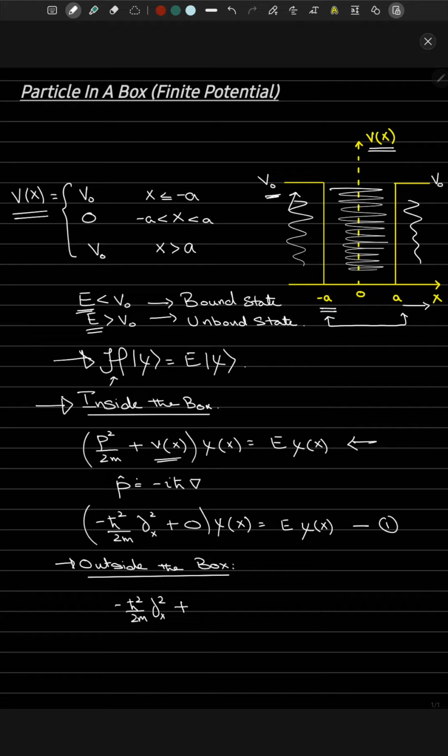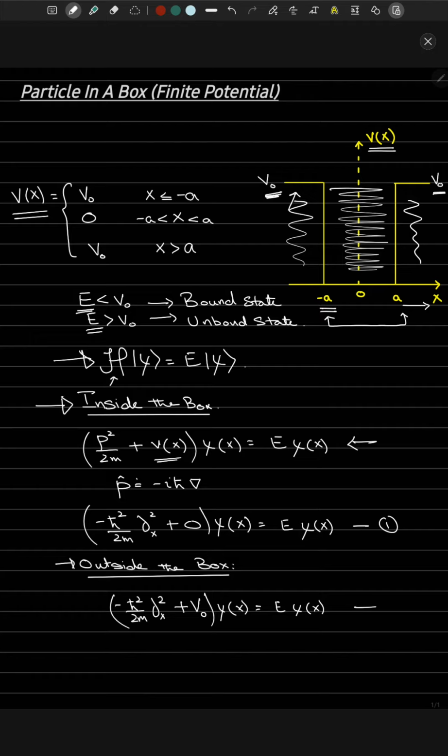Now note that whenever you're outside this box, in both scenarios your potential is V naught, so you'll only have one equation for outside the box, which would be this thing plus V naught, and then you have psi of x is equal to E times psi of x.